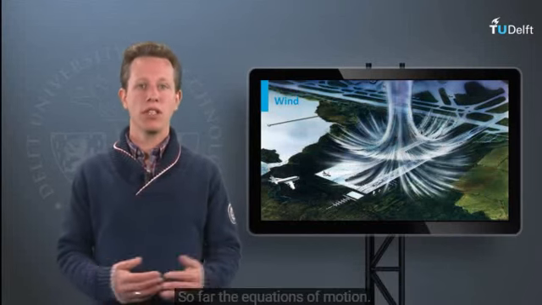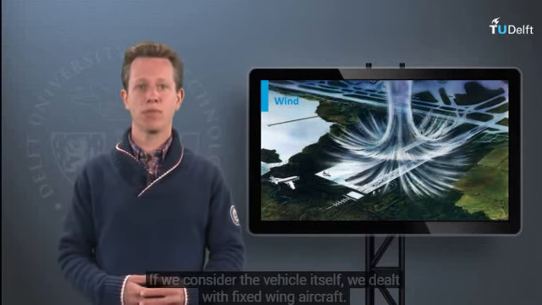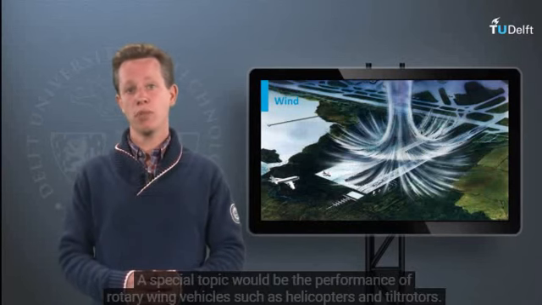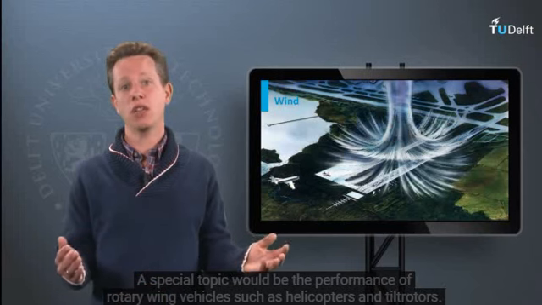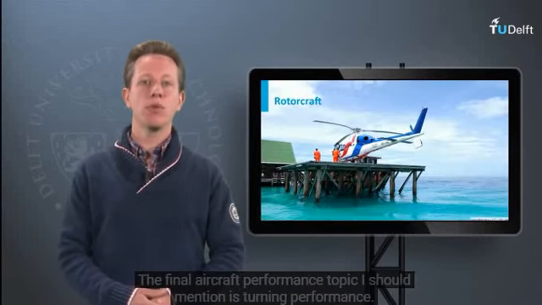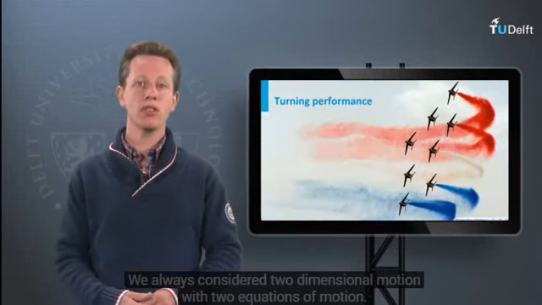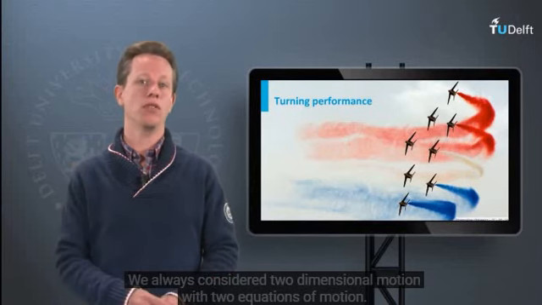So far for the equations of motion. If we consider the vehicle itself, we so far dealt with fixed-wing aircraft. A special topic would be the performance of rotary wing vehicles such as helicopters and tilt rotors. Now, the final aircraft performance topic I should mention is turning performance. We always considered two-dimensional motion with two equations of motion.